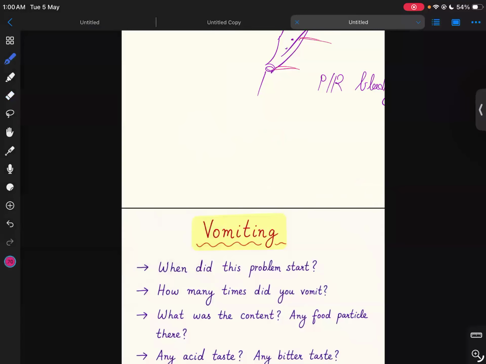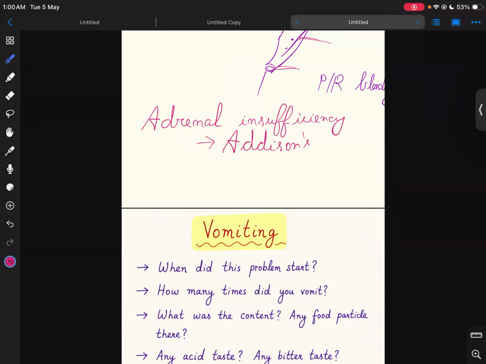So you want to mention the cause of adrenal insufficiency. Adrenal insufficiency can have multiple causes. It can have an autoimmune cause. The autoimmune cause of adrenal insufficiency is called Addison's disease. But adrenal insufficiency can happen without an autoimmune cause.